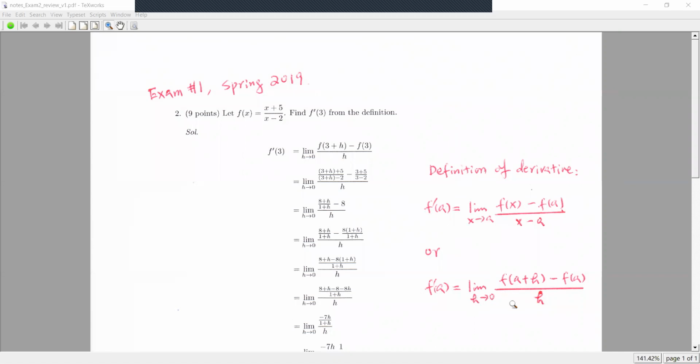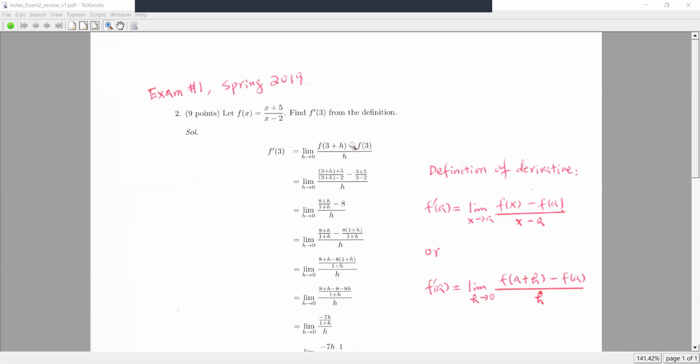By this formula, the derivative of function f at point 3 is this limit. To find f of 3 plus h, replace all the x by 3 plus h here. Then f of 3 plus h is this quotient.